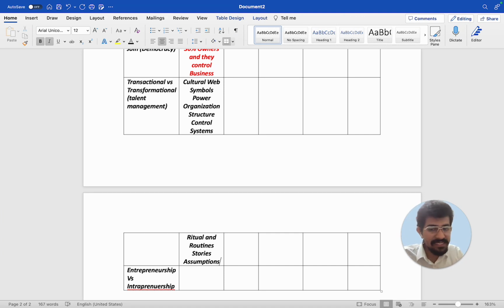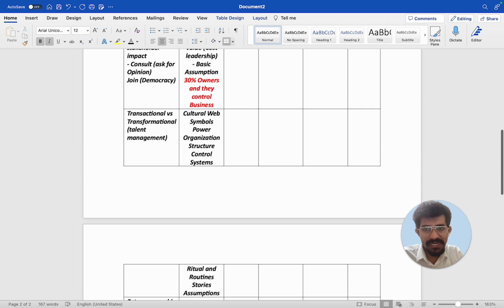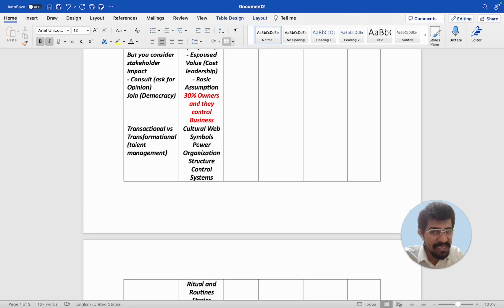I'll attach a picture of the cultural web later, but just keep in mind, students, in the examination they want application. Let's assume a student has studied everything. It won't help him to pass. One thing about a model is it can help you structure your headings only. But the examiner is not concerned about you copy-pasting the same information.